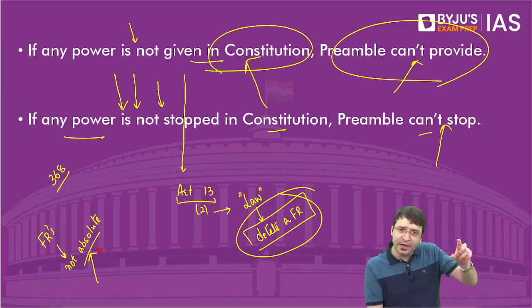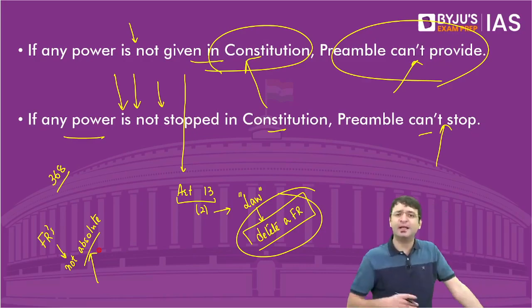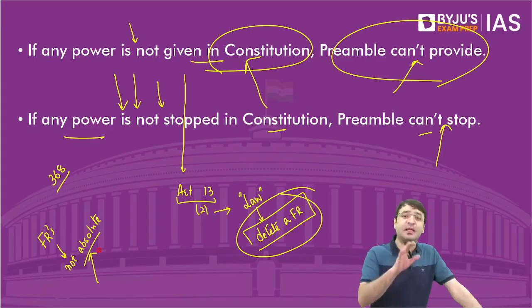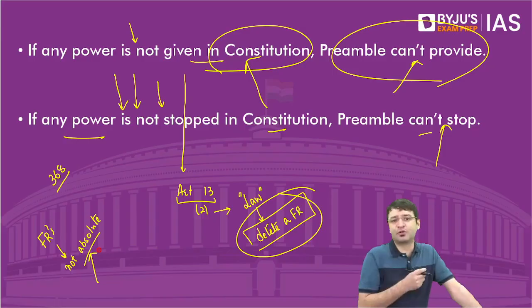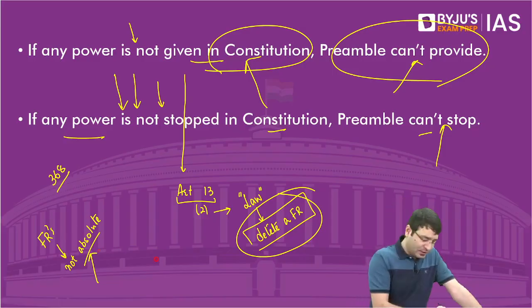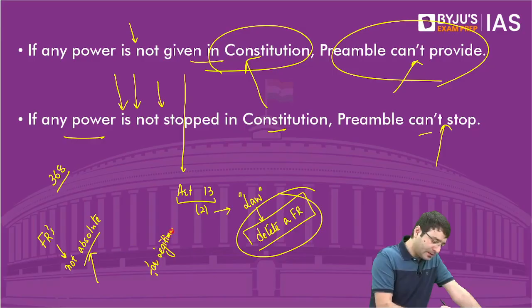Similarly, if right to privacy is a fundamental right, that doesn't mean right to privacy cannot be violated or restrictions cannot be imposed on it. The Supreme Court has said this right to privacy can be restricted on the grounds of legitimate state interest.